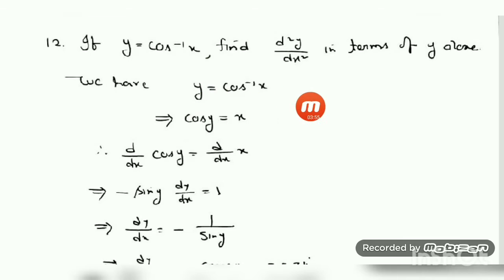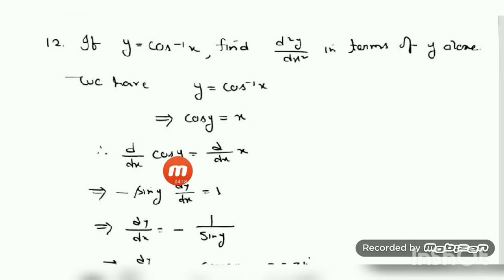That means I use the definition of the inverse trigonometric function, and write it as cos y equals x. Then I take the derivative d/dx on both sides: d/dx of cos y equals d/dx of x. Sometimes doing simplification initially, before the derivative, makes the question come easily. That is why I have done this simplification. When you practice, you will understand it better.